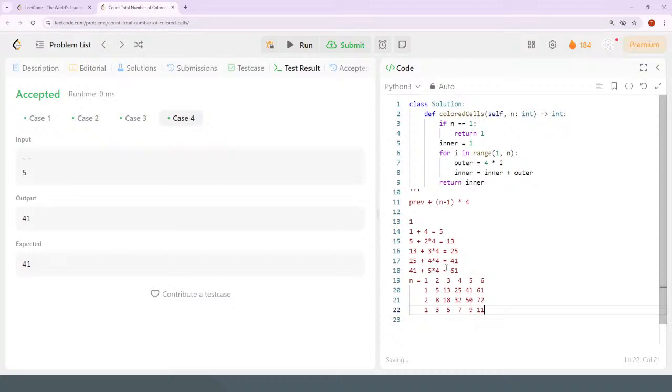Okay, so it's like 2n squared minus 2n plus 1. So 2n squared, and this thing is 2n plus 1.